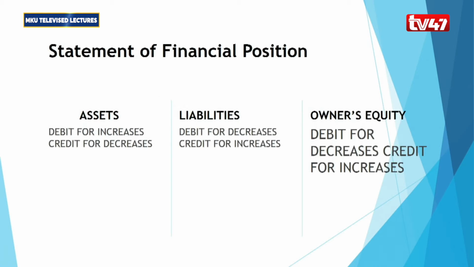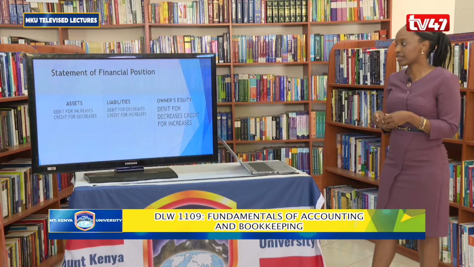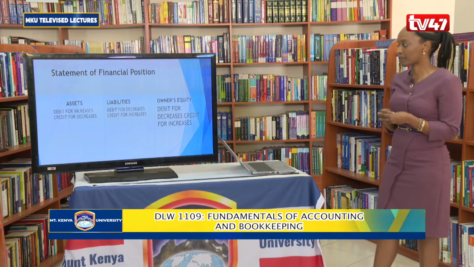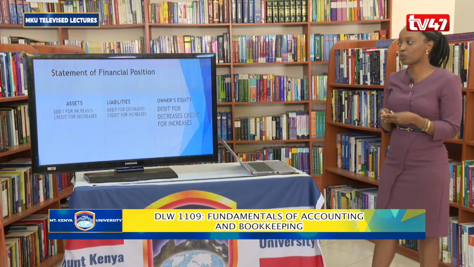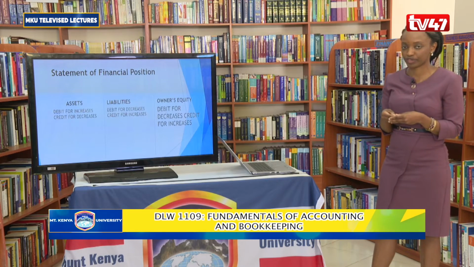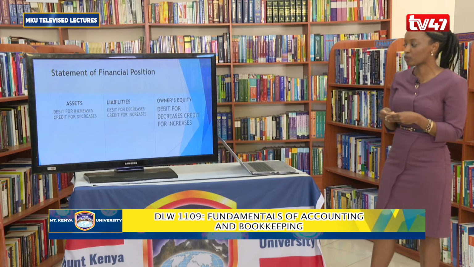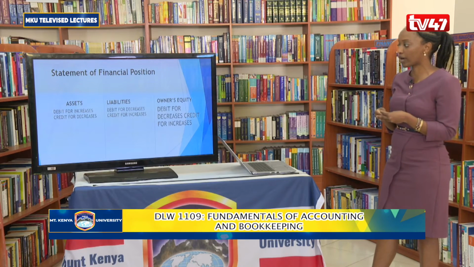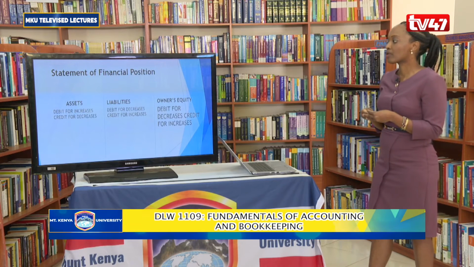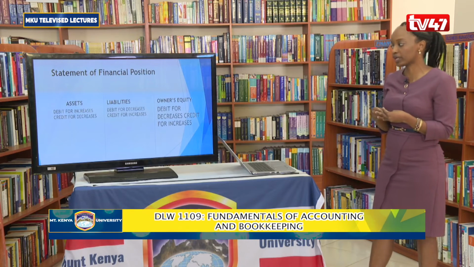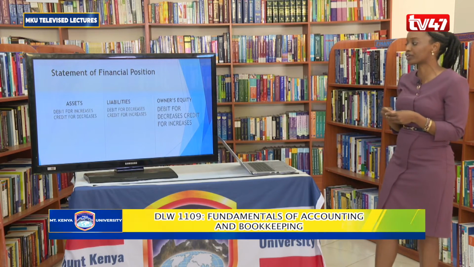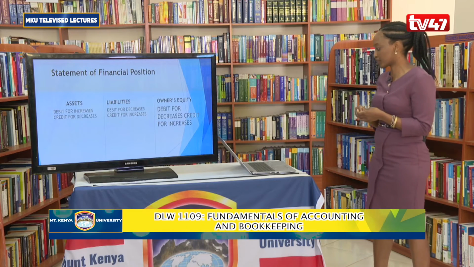Assuming that you start off a business on the first day of August with 50,000 shillings, the twofold effect is cash account will have increased, and therefore we debit with 50,000 shillings, while capital or owner's equity account will have increased, and therefore we credit with 50,000 shillings.